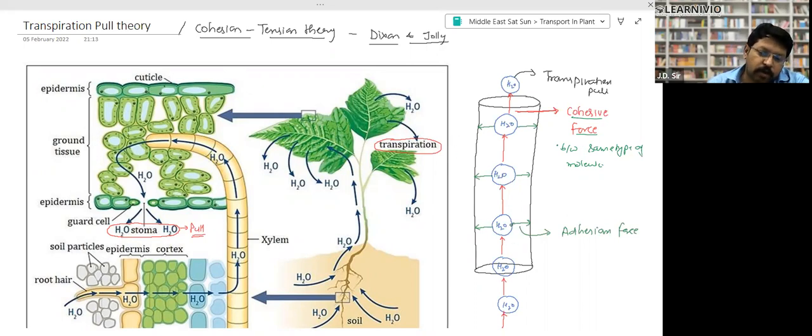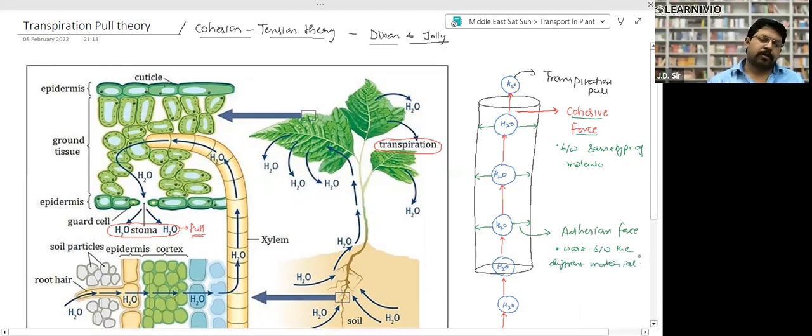Then there is a force between the water molecules and the wall of the xylem. Water is made of a different material than the wall of the xylem, so this force is called adhesion force. Adhesion force works between different molecules, different materials.